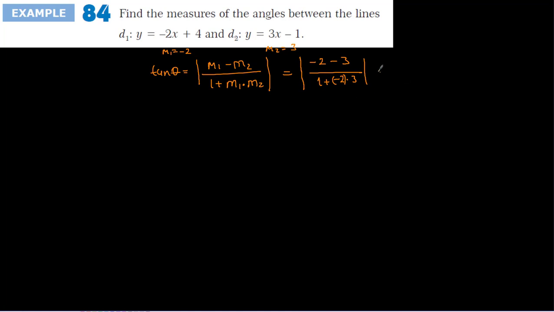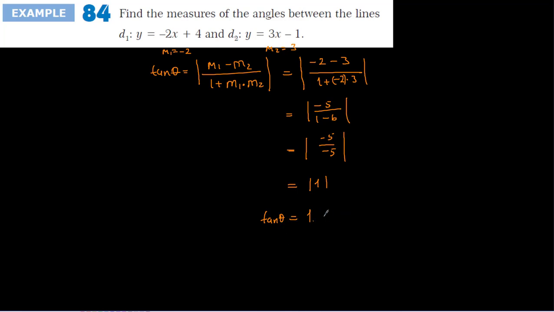Then the result is the absolute value of minus 5 over 1 minus 6, which is minus 5 over minus 5. It is equal to 1, and the absolute value of 1 is 1, which means that tangent theta is equal to 1.